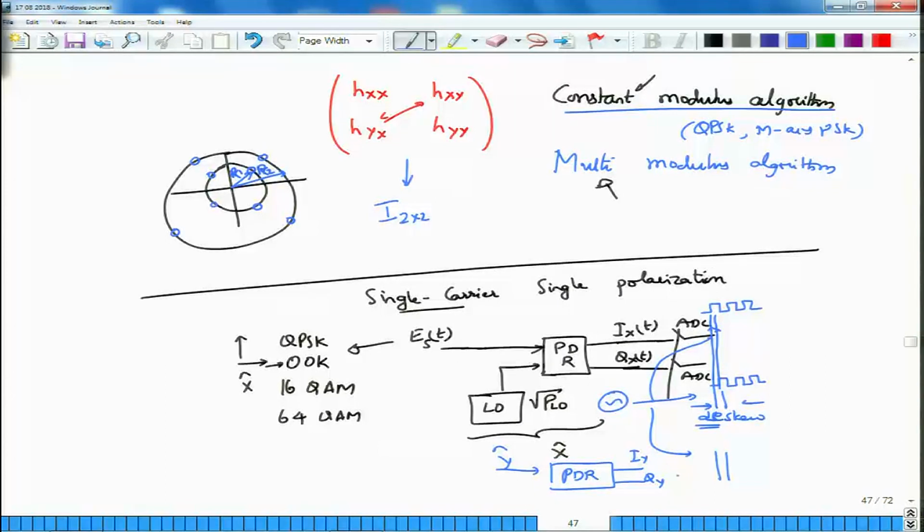So, there is a master clock which would distribute this clock source to different components. So, this is the complex sample that you are going to get after you have sampled through ADCs, and you need to overcome this skewing problem. There are a lot of algorithms to do that. One of the algorithms is called the Gram-Schmidt orthogonalization procedure. We are going to talk a little bit about that in a few minutes now.